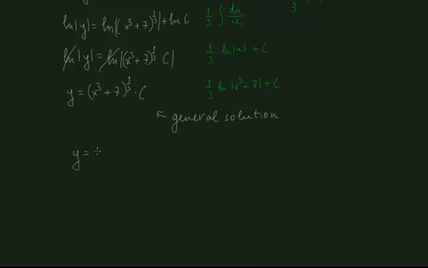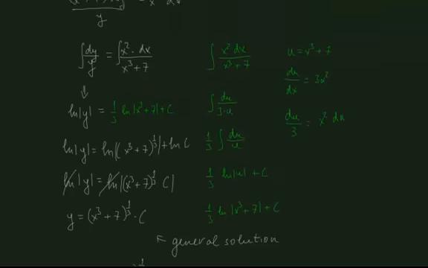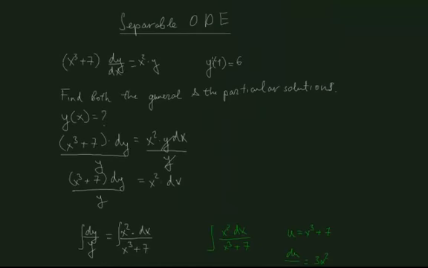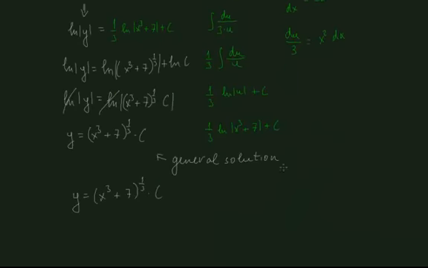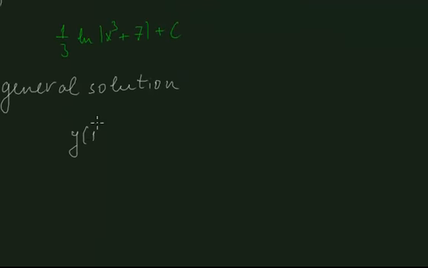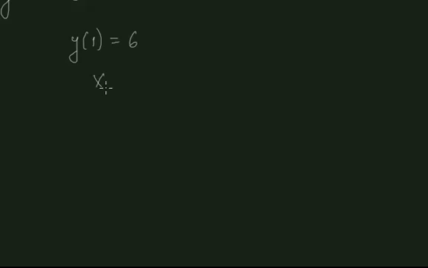So in that case we can find the particular solution. From there, x cubed plus 7 to the 1/3 times constant, and we have to apply the initial condition, which was, let's go back to the top, y of 1 equals 6. It means when I plug 1 into x, y has to be equal to 6.